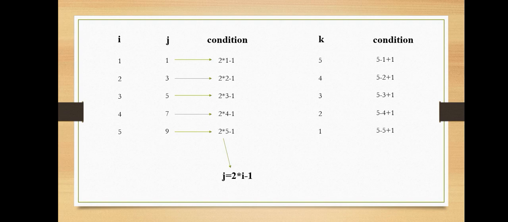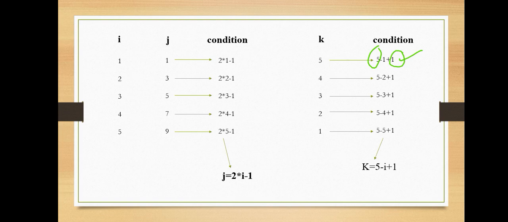Here also, in place of 1, 2, 3, 4, 5, I am just changing the value, and the 5 and plus 1 remain the same, while the minus 1, minus 2, minus 3 are changing. Now what condition are we going to write? If you take 5 minus 1 plus 1, it is 5, and the remaining are 4, 3, 2, 1. So the condition is 5 minus I plus 1. So the k value is 5 minus I plus 1. So these are the conditions.